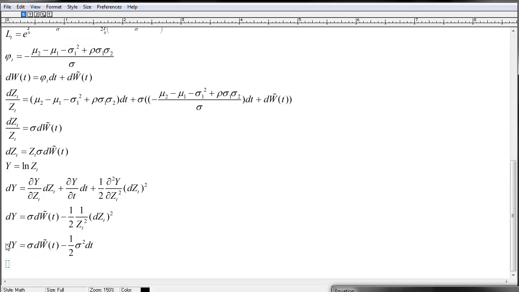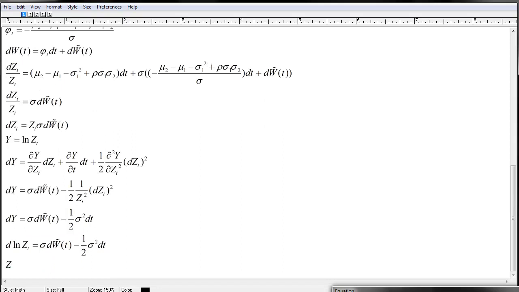And since this one represents the logarithm of z, this means that the differential of the logarithm is equal to this, which means that zero times e to the, into this term, plus the noise.